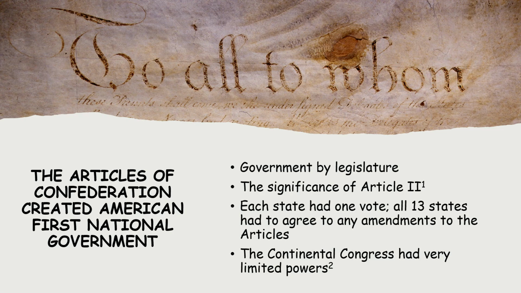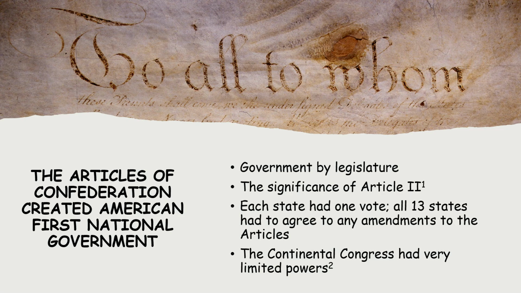Each of the 13 colonies, Georgia, was a separate sovereign branch of government, separate from New York. They only acted where a consensus could be achieved among all of the 13 colonies. So each state had one vote within the Continental Congress. All 13 states had to agree to any amendments to the Articles of Confederation.